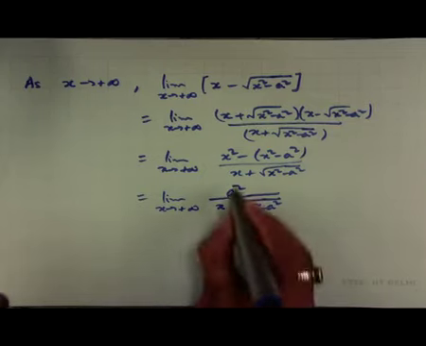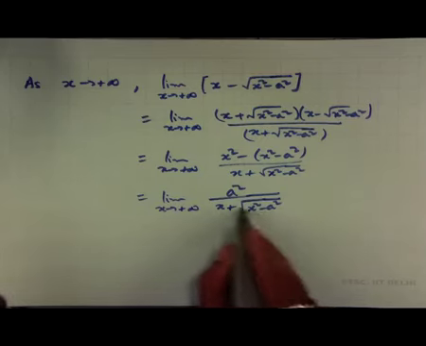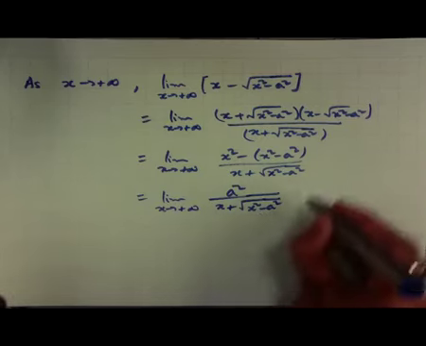So, the numerator is finite here, the denominator goes to infinity. So, therefore, this goes to 0.